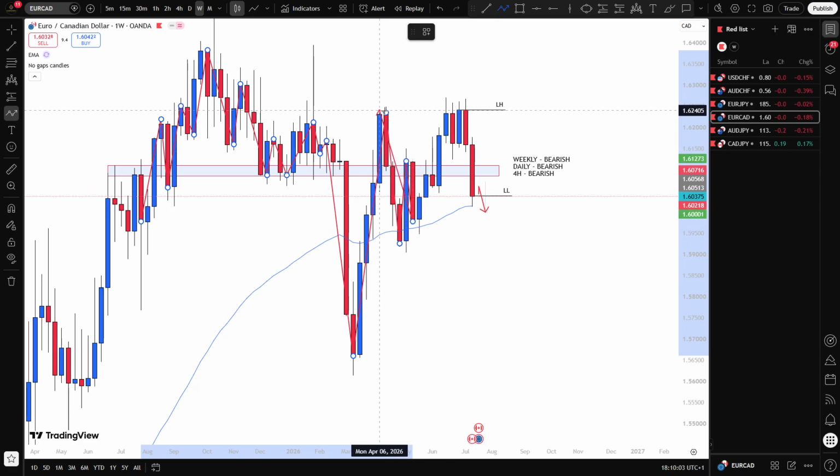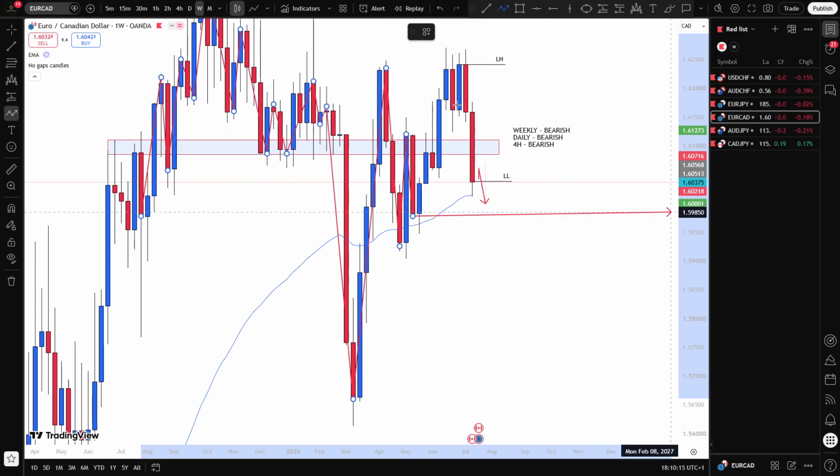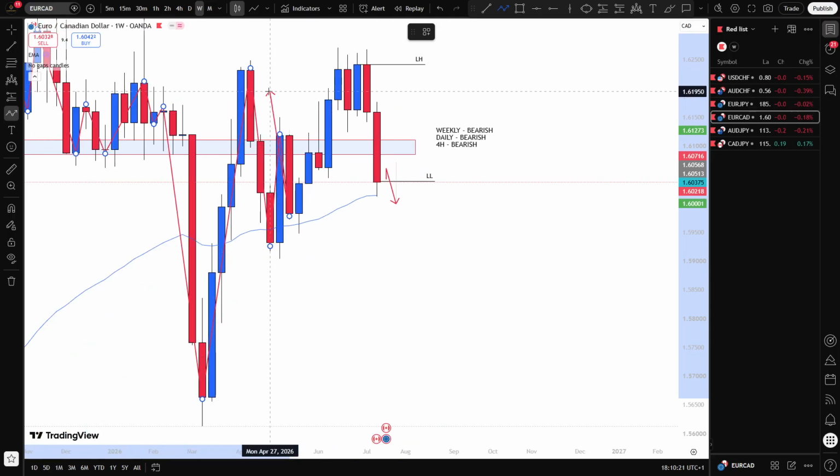So we now body close above this candle. I don't know if you guys are seeing it well.